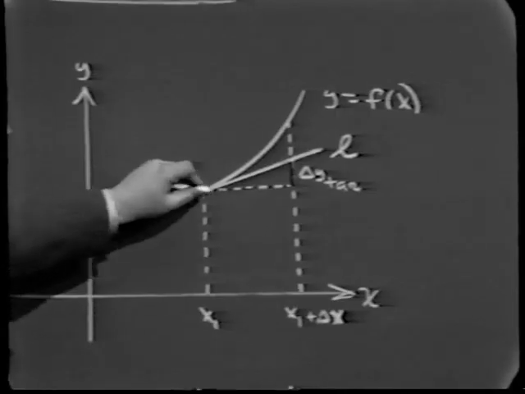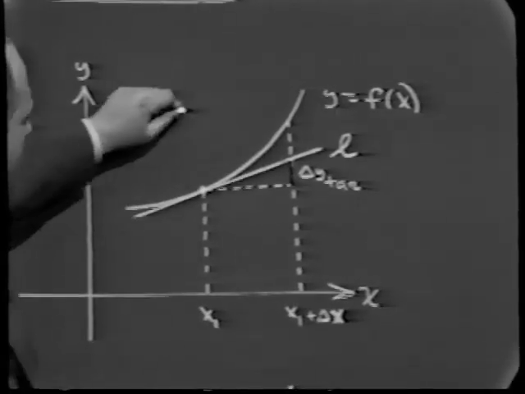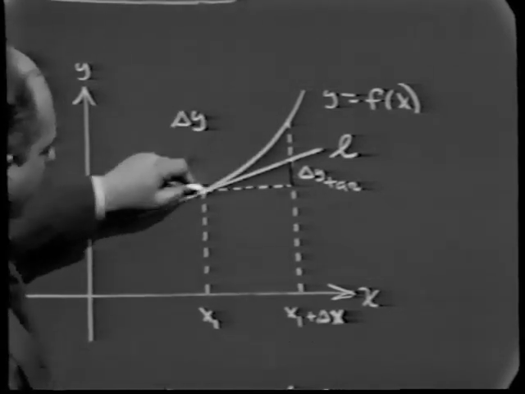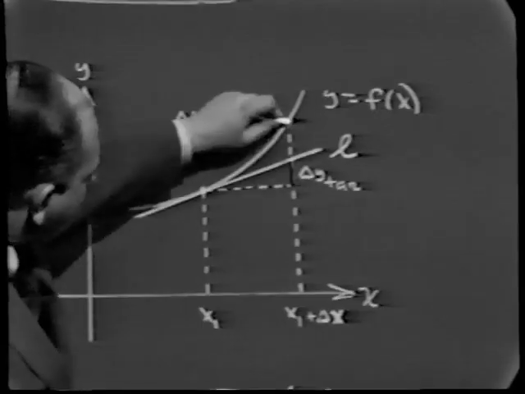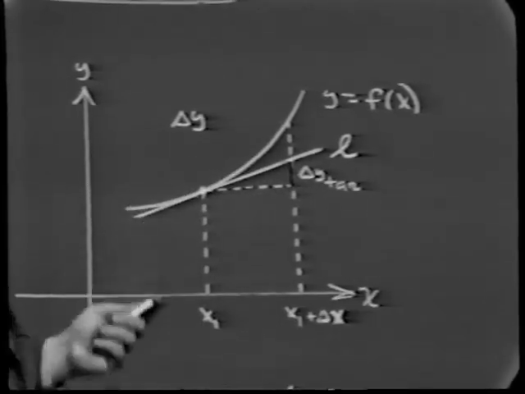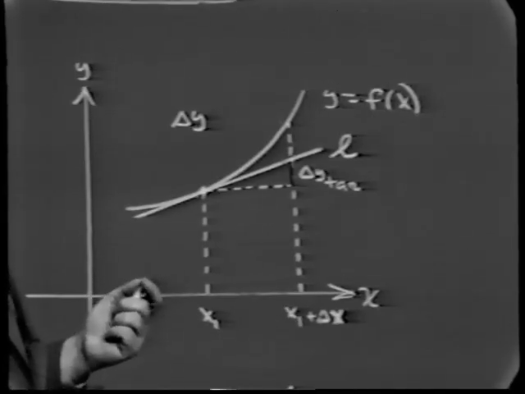Now, the idea is this. In general, what we investigate in the calculus course is the concept known as delta y. Delta y, geometrically, is what? It's how much y has changed along the curve with respect to x. It turns out that there is a simpler thing that we could have computed.